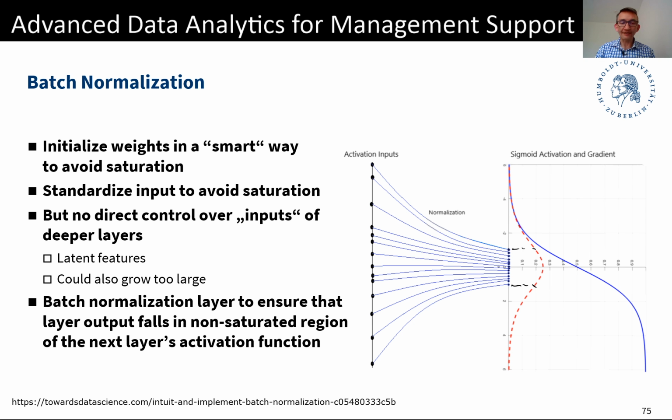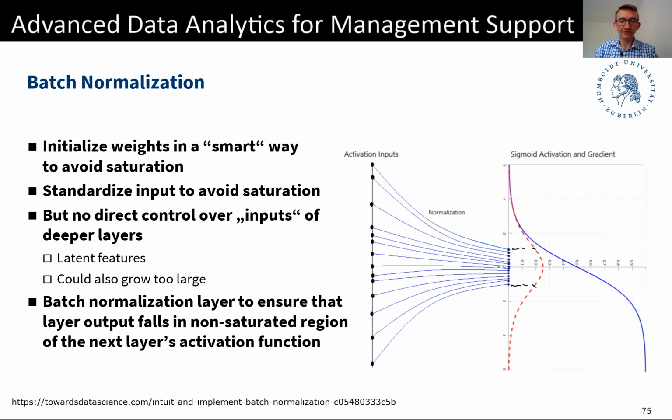And then we normalize our weights to this range. No, not the weights. We normalize our input to the next layer, which is the product of the previous layer's outputs times the weights. That is what's called activation inputs here.